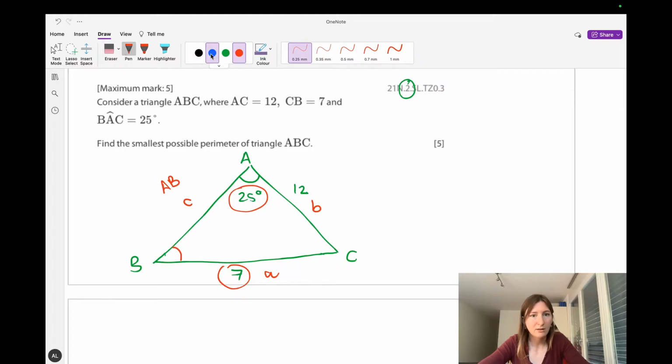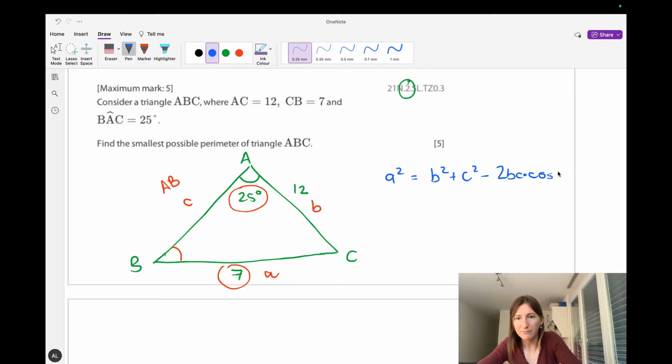Let's write that in. Let's go with some blue for now. Formula as usual, nothing different here. And we're doing it in terms of A, so I'm going to write it in terms of A. A squared equals, and I'm going to put a little dot there, otherwise it looks like double C. So we have 7 squared equals b squared, so that's 12 squared plus c squared.